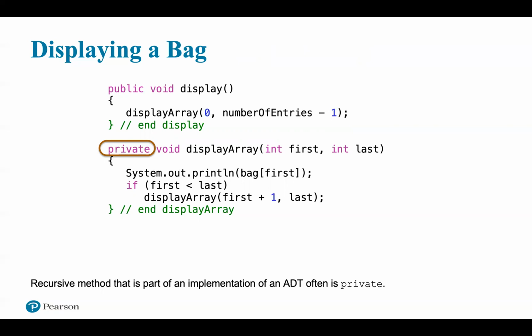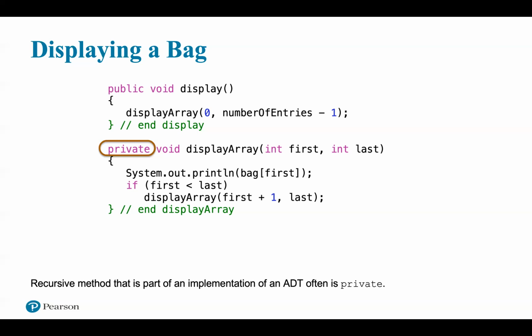Since the array bag of entries is a data field of the class that implements the bag, it need not be a parameter of displayArray. Because displayArray must have specific data via its parameters about the array of bag entries, it must be private. Finally, since display is not a static method, displayArray is not static.